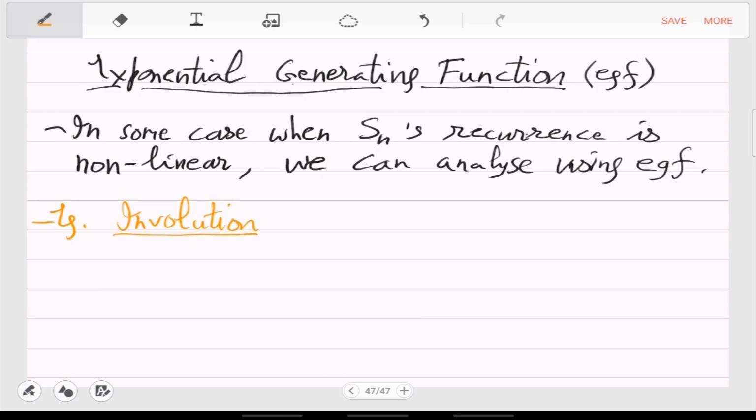So an involution is a permutation on the elements 1 to n, such that for every i, either i is fixed or there is a j where i and j are flipped.